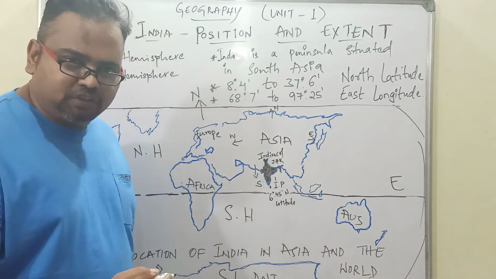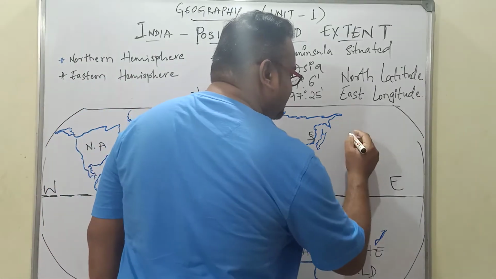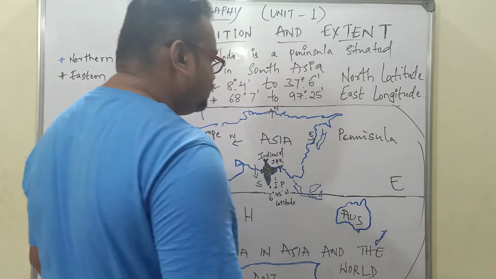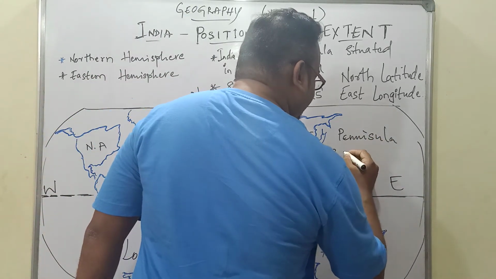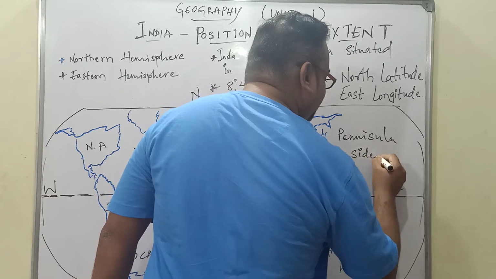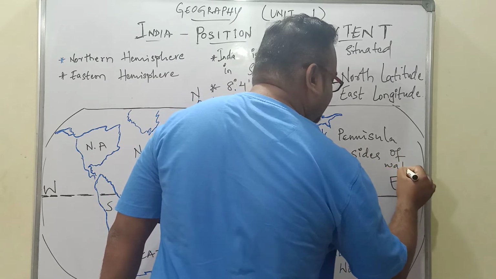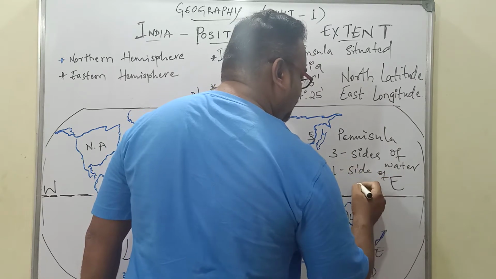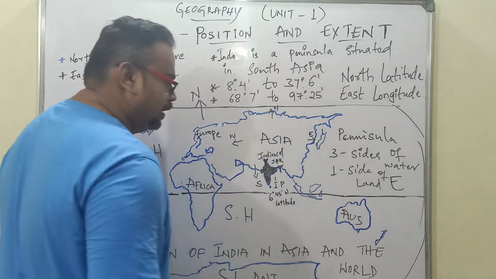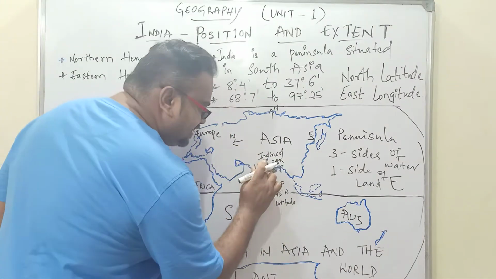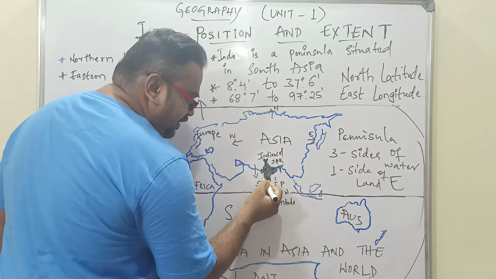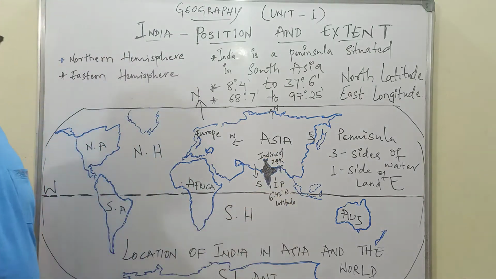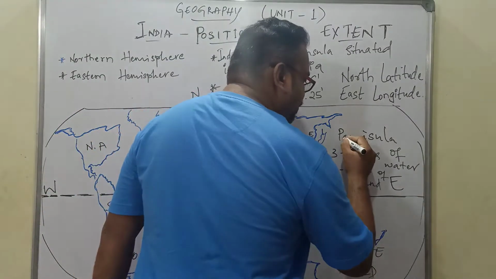And what is a peninsula? A peninsula has 3 sides of water and 1 side of land. Here, on one side you have land and on 3 sides you have water, hence it is called a peninsula.